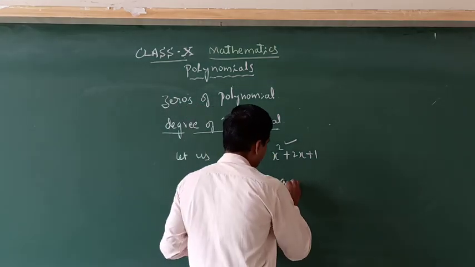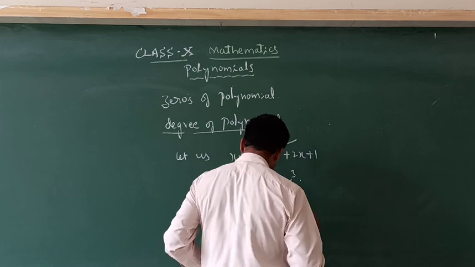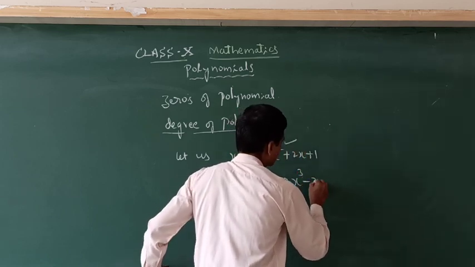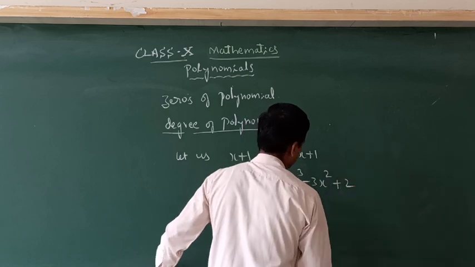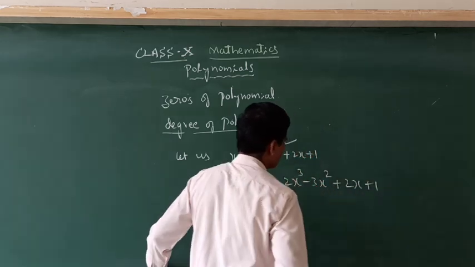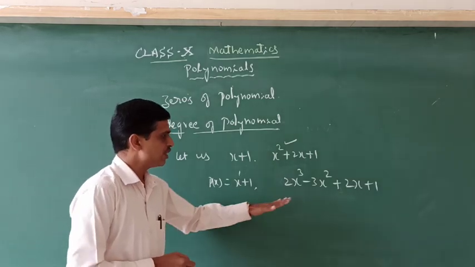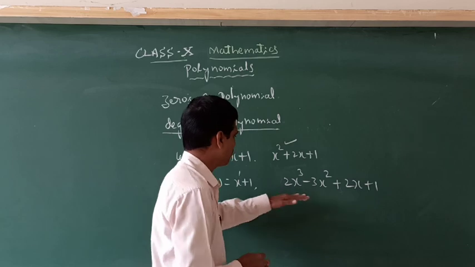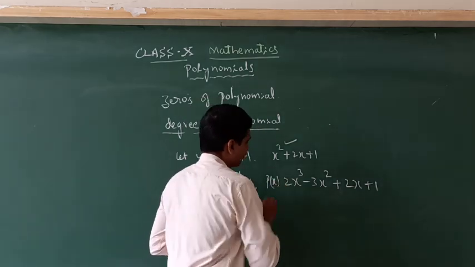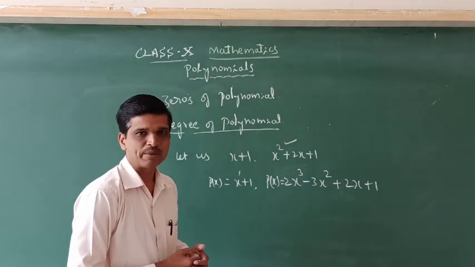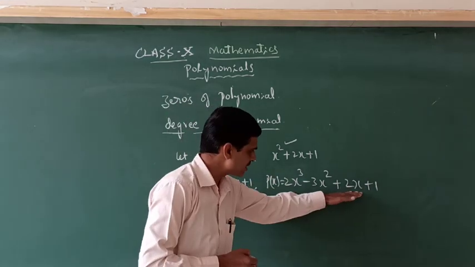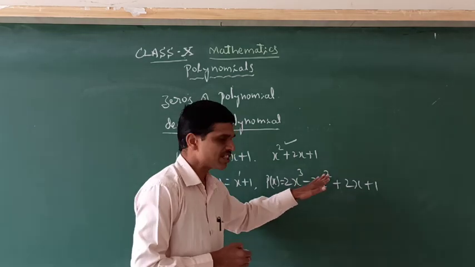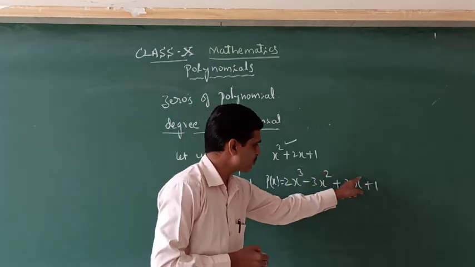Consider any other expression, that is 2x cube minus 3x square plus 2x plus 1. This is also a polynomial. What is its degree? The degree of this polynomial is 3, because it has the same variable with different powers: here it is 3, here it is 2, here it is 1.